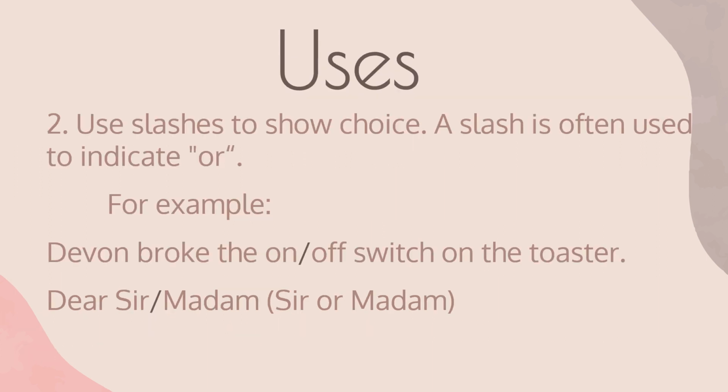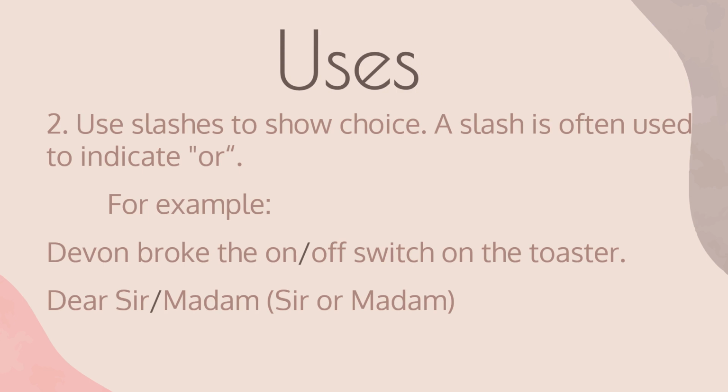Its second use is to show choice. A slash is often used to indicate "or." For example, "Devon broke the on/off switch of the toaster." Here, in on/off, we are using a slash to show choice. Another example is "Dear Sir/Madam."